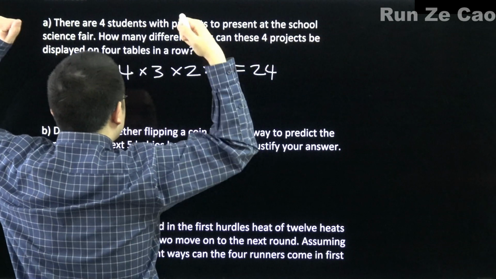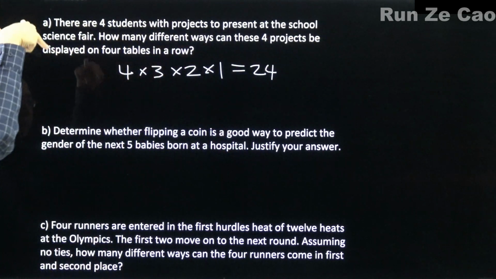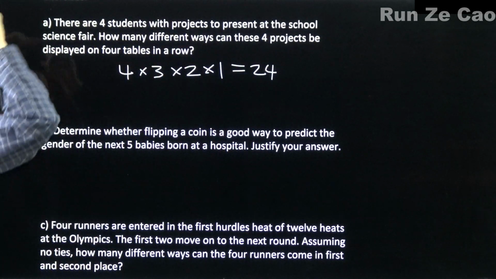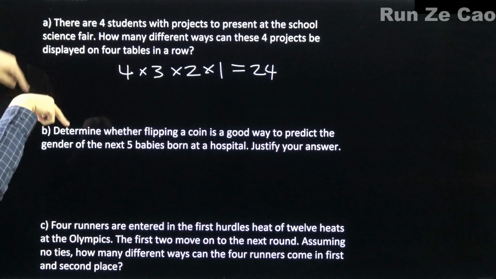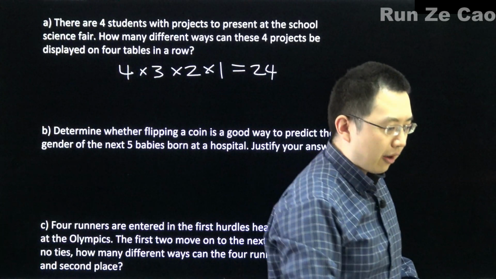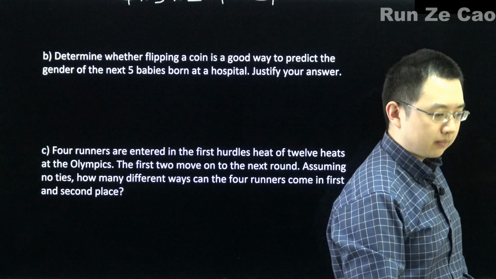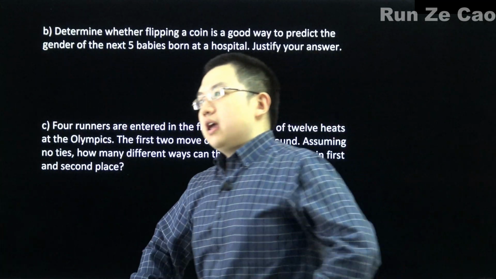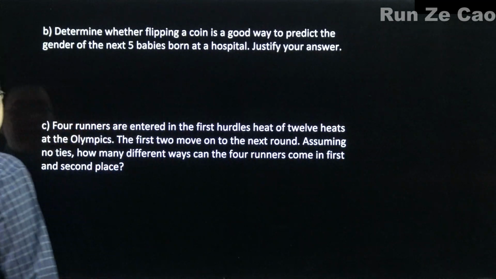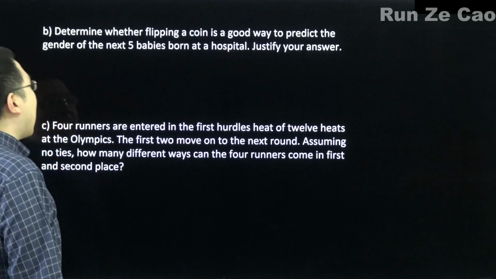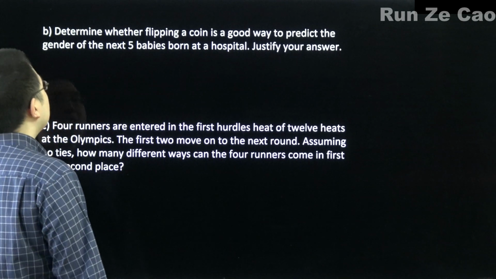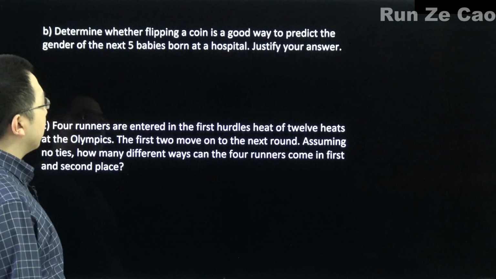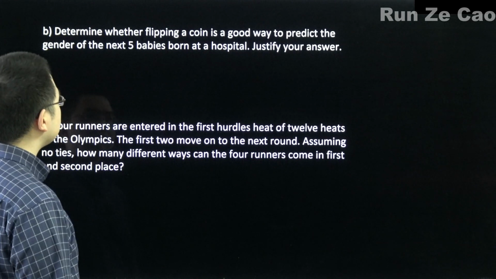Hurrah. Now, let's say we flip a coin and we see if it's a good way to predict the gender of the next 5 babies born at a hospital. Let's say that we flip the coin 5 times. How many ways can the next 5 babies born in a hospital be arranged in terms of gender?